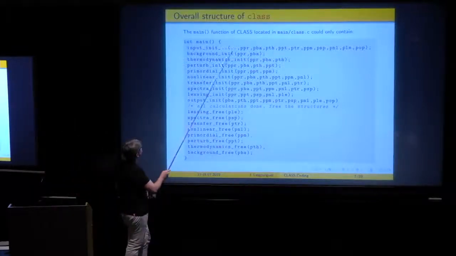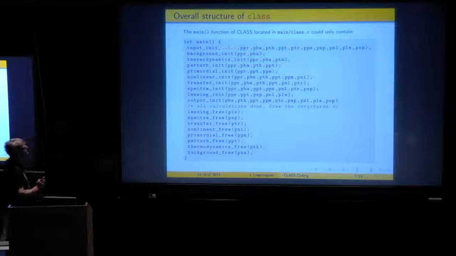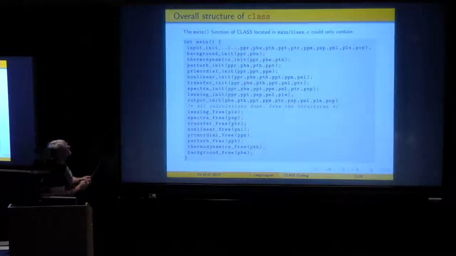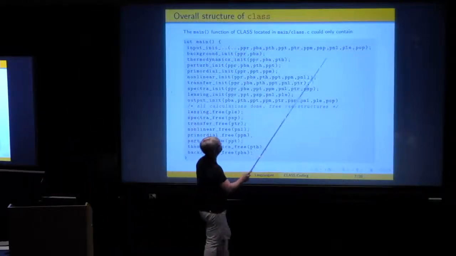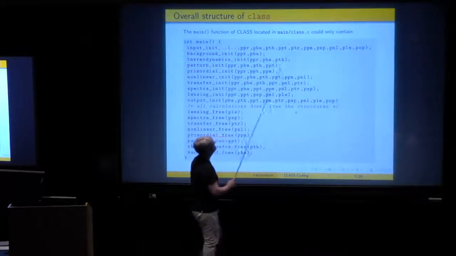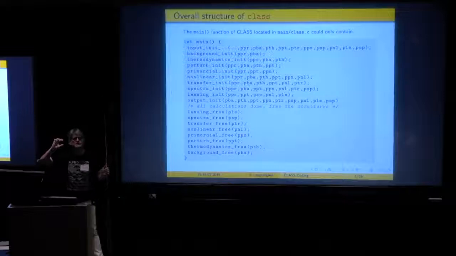The input module should read something. We will describe it later. This is your input file, or what is stored after you execute the .set in the Python module. And then it should know about all other structures, because as we said, it's going to fill the input part of each of these structures.